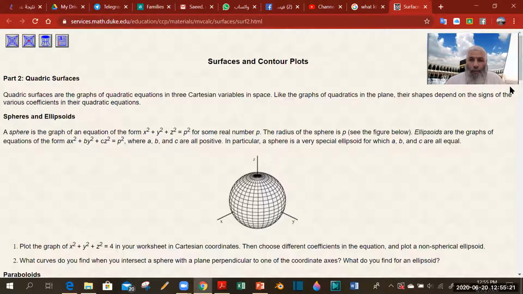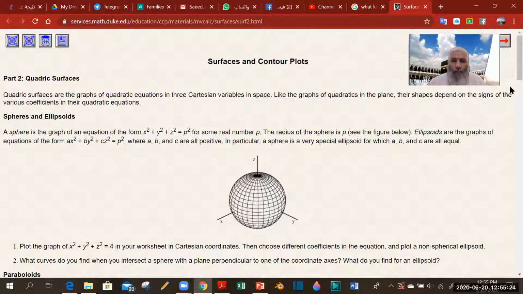This is a sphere here, x squared plus y squared plus z squared equals b squared. This is a sphere.